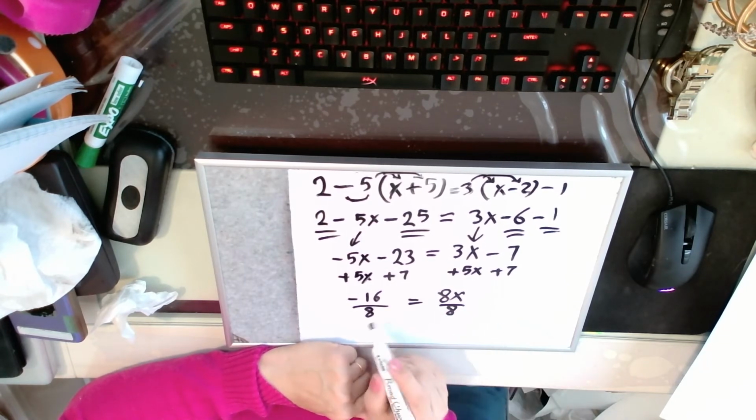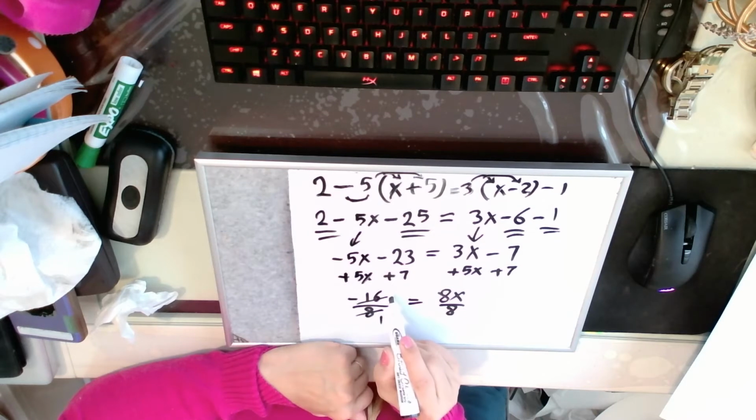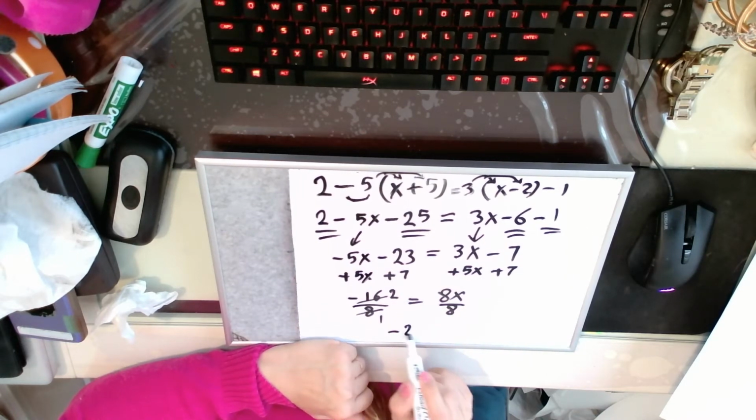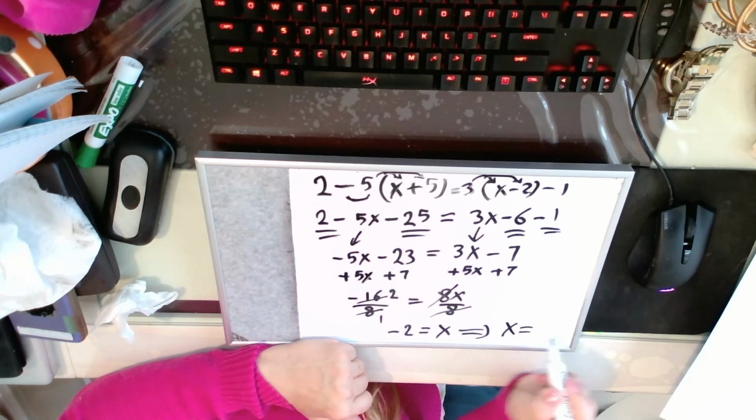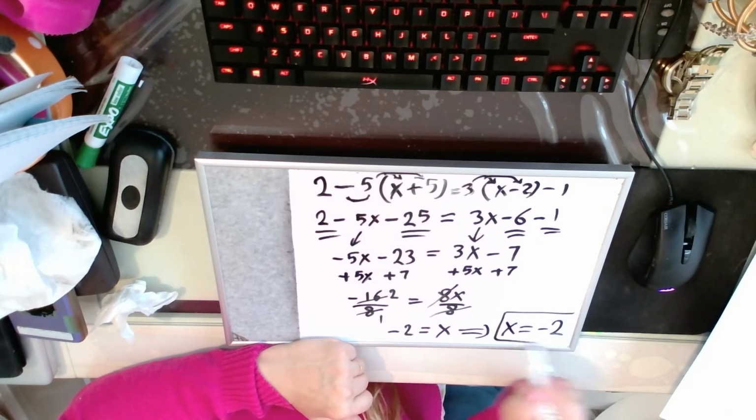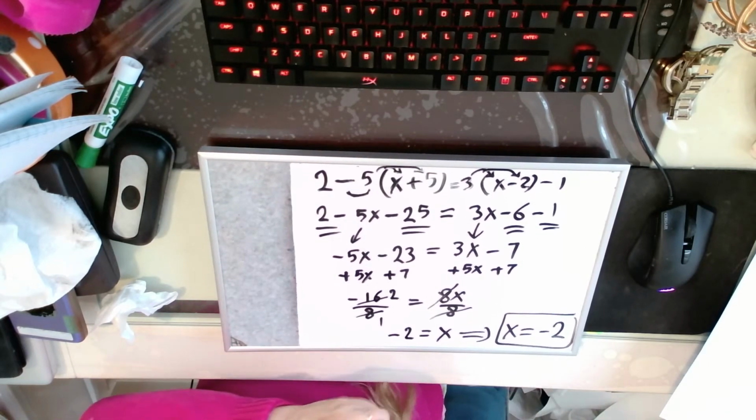So divided by 8, it's going to be minus 2. So minus 2 equals x. You can say x equals minus 2, same thing.